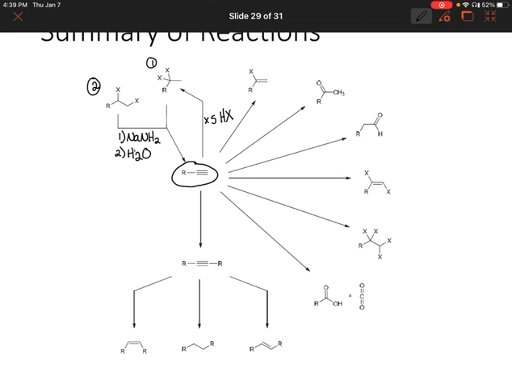Okay, now let's go to the right. Let's look at the product where we have an alkene and then a halogen bonded to the alkene. So how would we go from a triple bond to an alkene with a halogen attached?